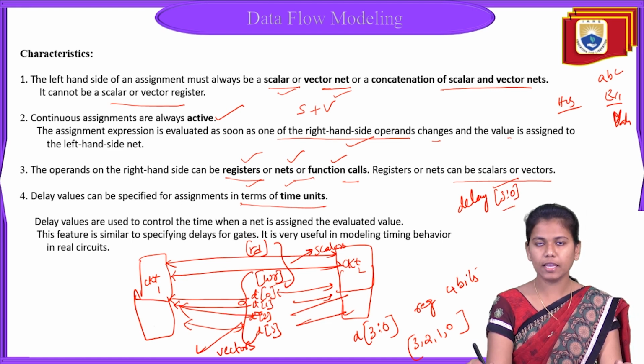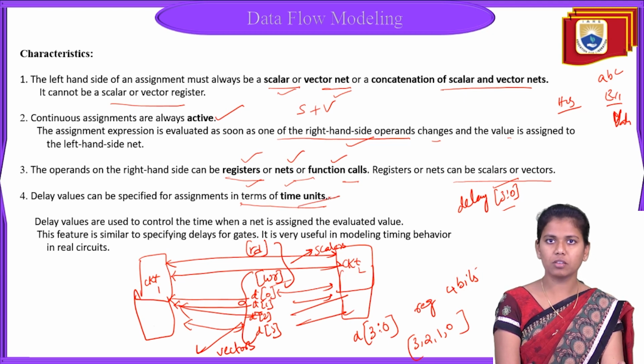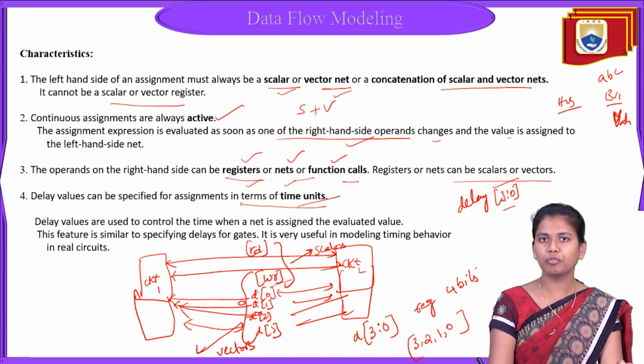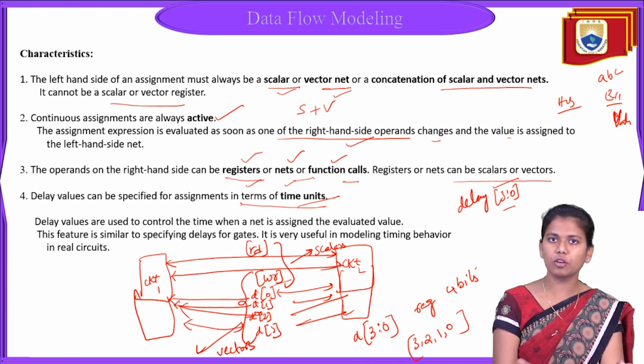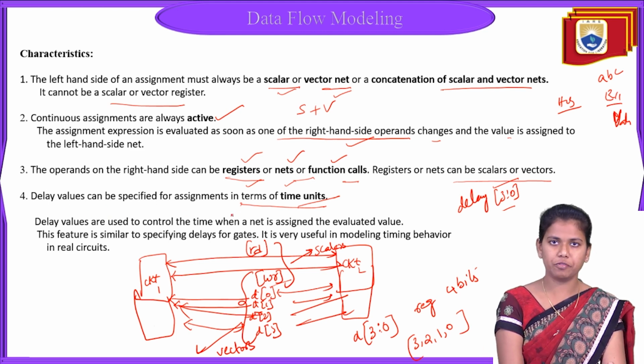What does this delay mean? Always remember the delays are in terms of time units. Okay, here the delay is of 4-bit delay. The clock pulse takes 4 clock cycles, so it is of 4-bit delay. So the delay values can be specified in the assignment statements in terms of time units.